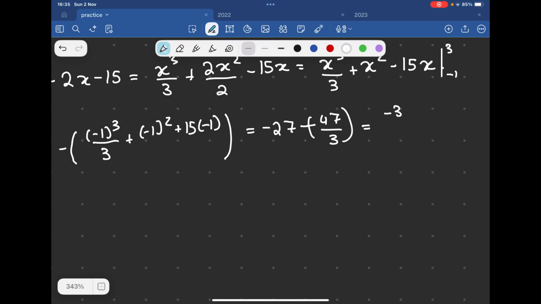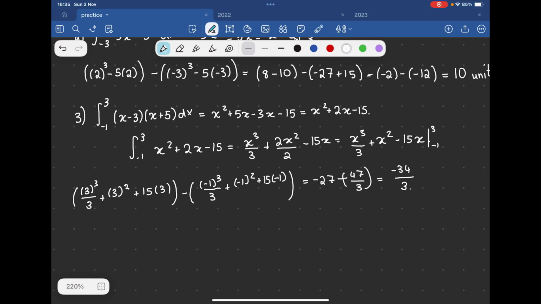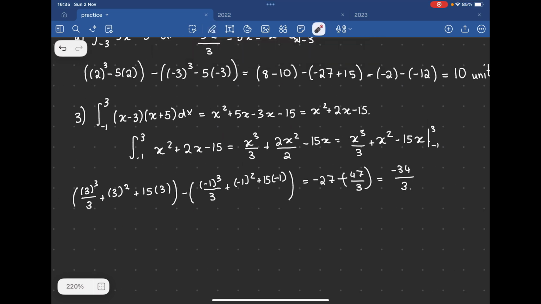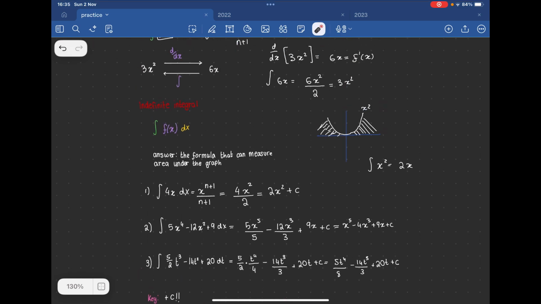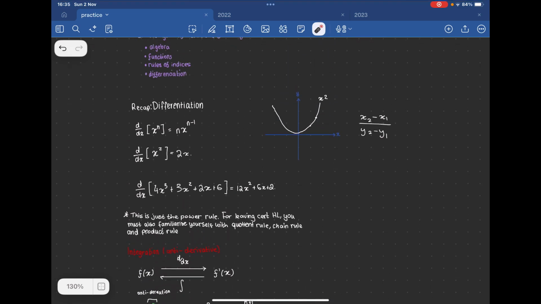And then that gives us minus 34 over 3. And that is the answer to this integral here. A lot more work is required for definite integrals, but it's giving us the exact area underneath the graph of these functions. So that's everything that you need to know for integration for Leaving Cert higher level.